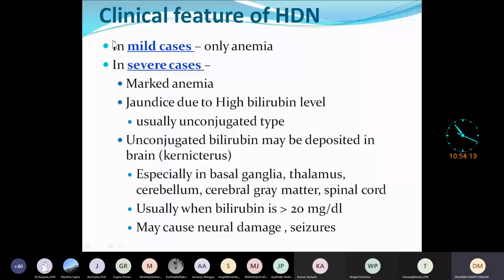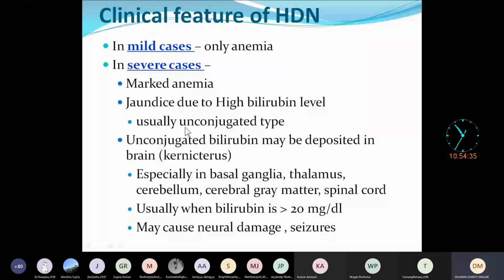Understood here? In mild cases, only anemia will be there. But in severe cases, it will lead to marked anemia, means more anemia will be there, and it will lead to jaundice due to high bilirubin level. So the baby will look yellowish, and that is because of the unconjugated type.